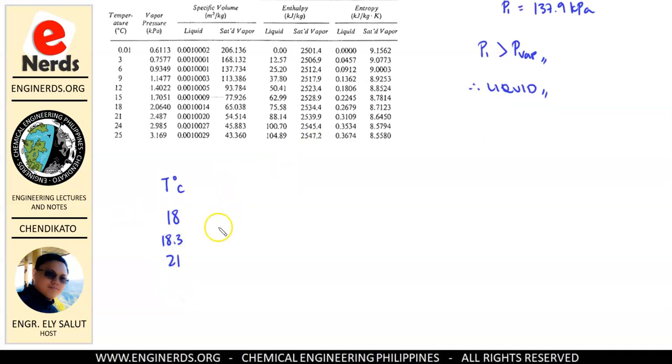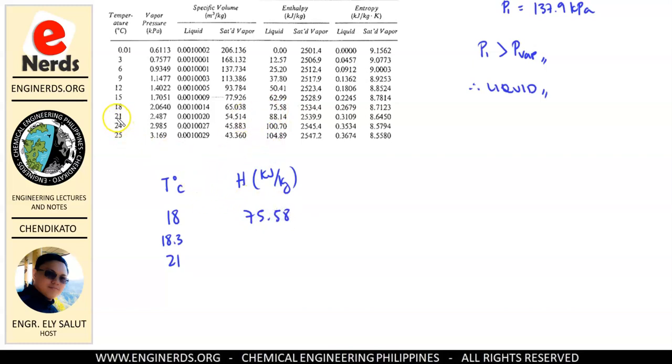Okay, so we need to get our enthalpy, no? Which is in kilojoules per kilogram. Okay, so at 18 degrees Celsius, ang enthalpy natin for the liquid is 75.58.